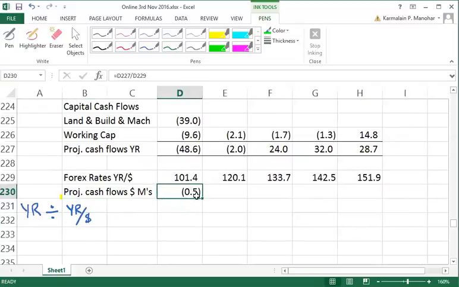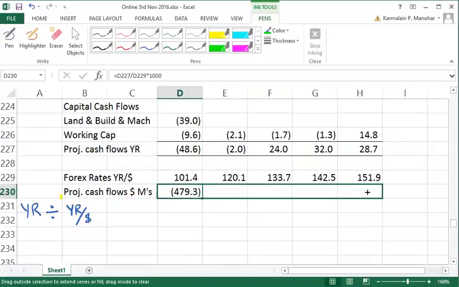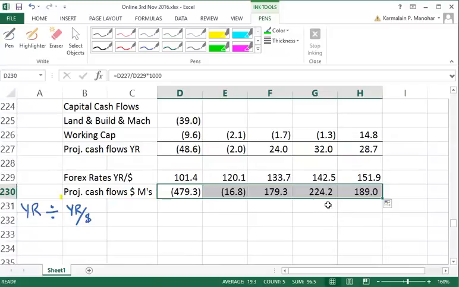So not only are we going to divide by those values, we're going to multiply it by 1,000 to come up with a value of 479, something close to that, right? Because again, Excel is using some more exact values for me. So if I do that, what do we get? Are we getting numbers close to that?